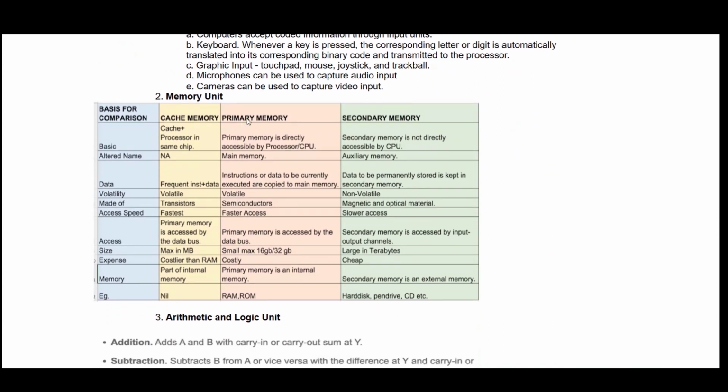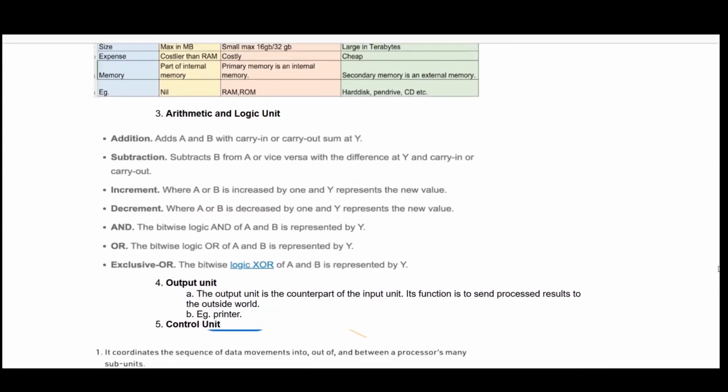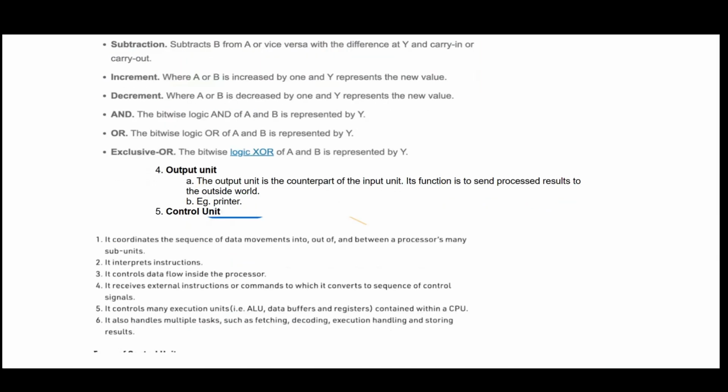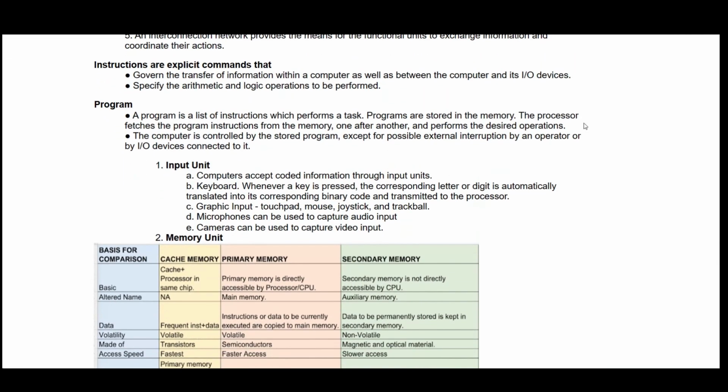As I have told, the primary unit, secondary unit, and another thing is cache memory, which we will be learning in later stages. Then comes the arithmetic and logic unit. Pause and go through these points. It is understandable, no need to go deep into the concept. Just understand what the output unit does and what the input unit does. Whatever I have said orally is mentioned in these points. Thank you.